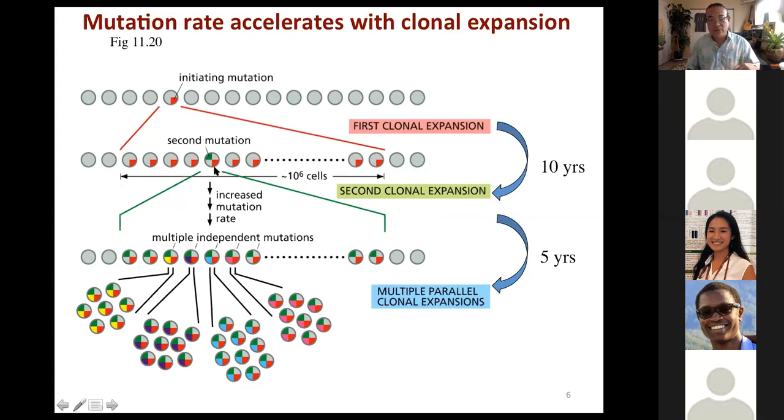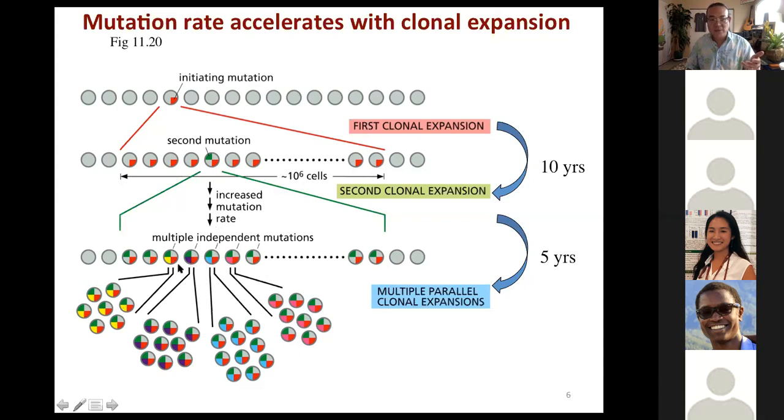Because this double mutant cell has an increased mutation rate. And with each additional mutation it builds up, so you can see here now you have a population of cells that have not only both of those mutations, the green and the red, that they carry along as baggage, but now that you have so many of them and they're becoming more and more unstable, it is much more common that different individual cells will pick up a third, fourth, or fifth mutation that's random and different than its neighbors.